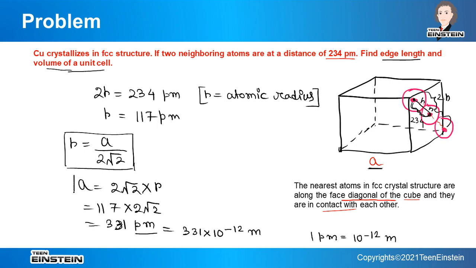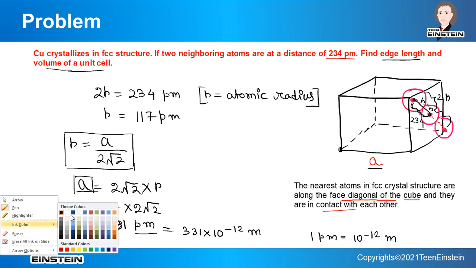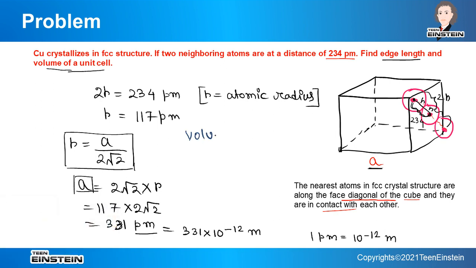Now when we know the edge length, it is very easy to calculate the volume, and the volume will be A cube. You can also write it as 3.31 into 10 to the power minus 10, whole cube, meter cube.